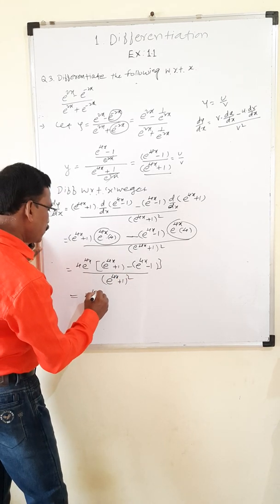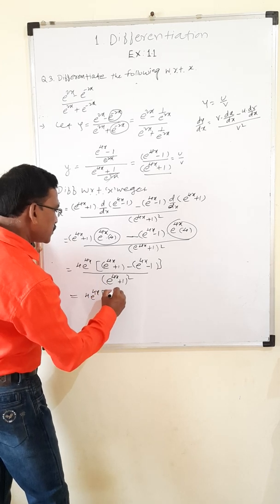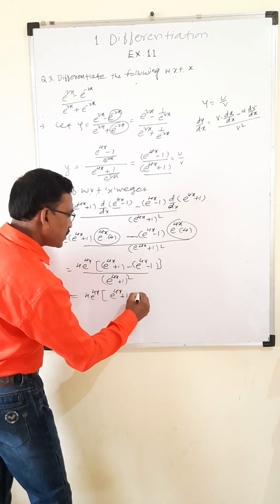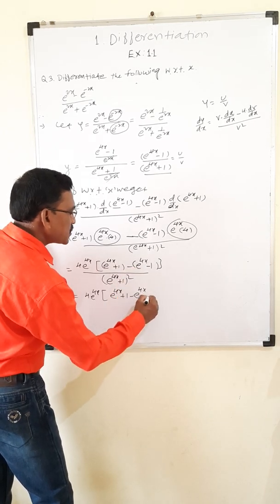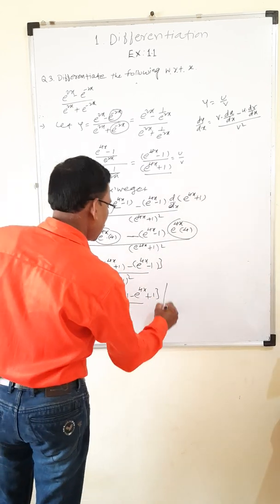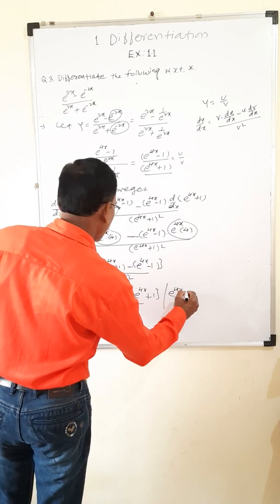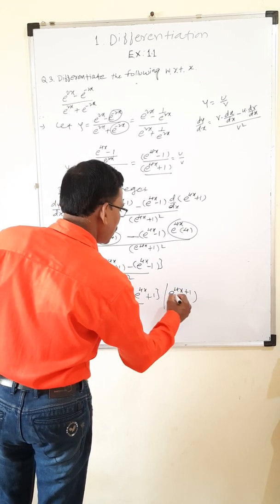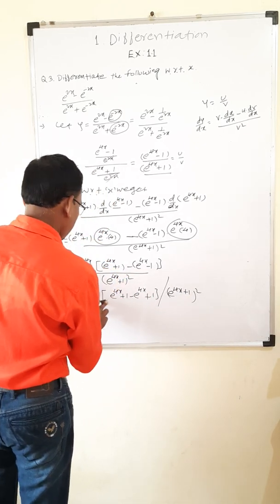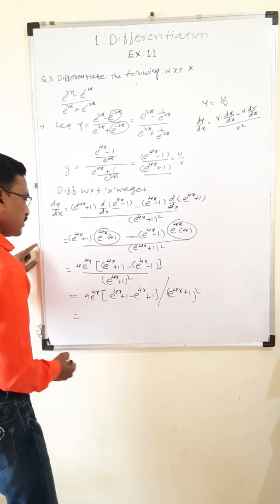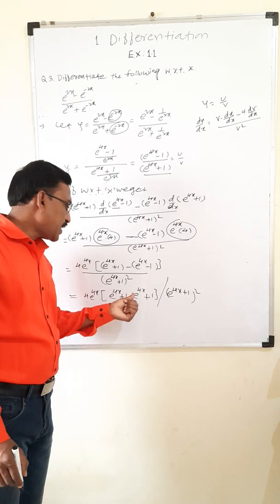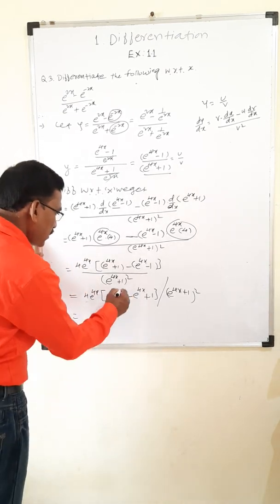4 into e raised to 4x in the bracket, e raised to 4x plus 1 minus into e raised to 4x, it is minus e raised to 4x, and minus minus is plus 1, divided by e raised to 4x plus 1 whole square. Again here this plus e raised to 4x and minus e raised to 4x will get cancelled.